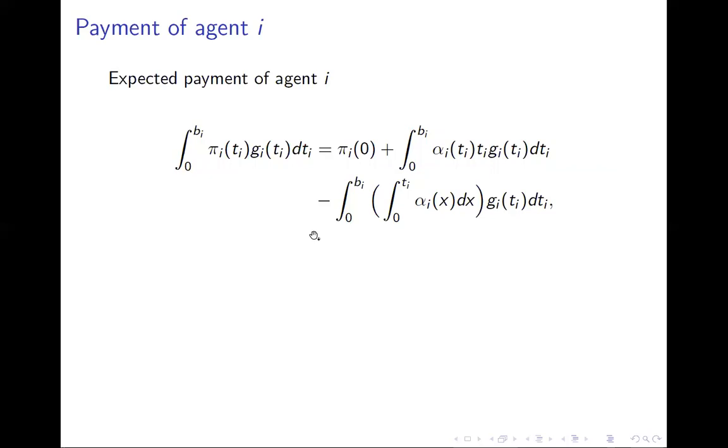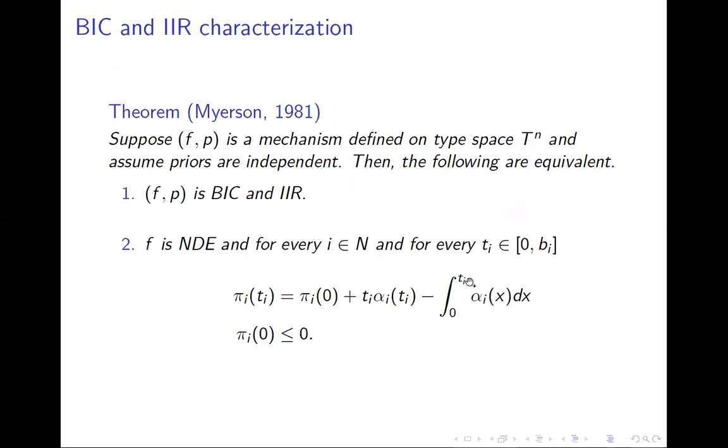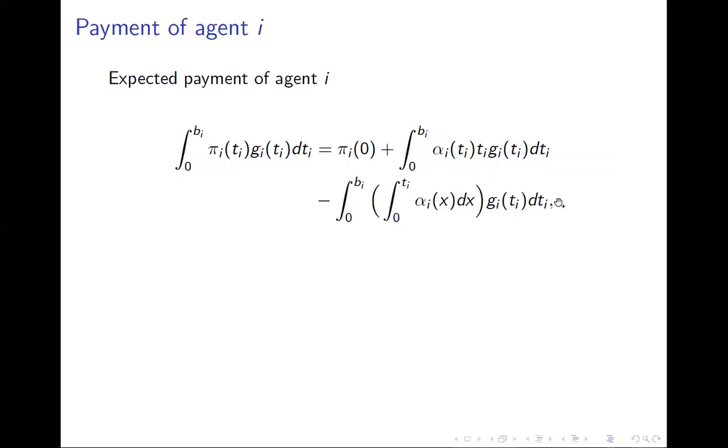The third term has an integral, so it's a double integral like this. This is what you get after substituting the revenue equivalence formula.